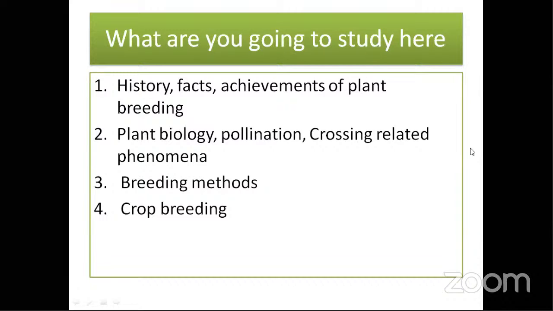If you are finding breeding a little bit difficult, or pathology a little bit difficult, I'm not telling which one, because everyone has different perspectives. Whichever section you find difficult, combine it with whichever section you are comfortable with.